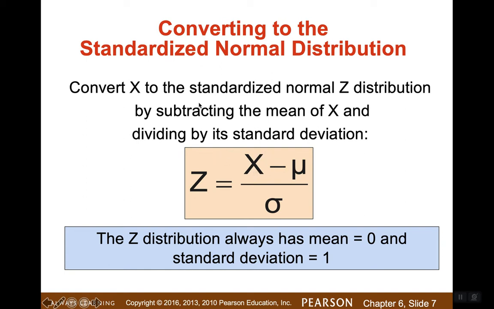The way we convert x to z is we take x, subtract the mean, and divide by the standard deviation. It creates something called a z value, and the z value always has a mean of 0 and a standard deviation of 1, ranging from -1 to +1.